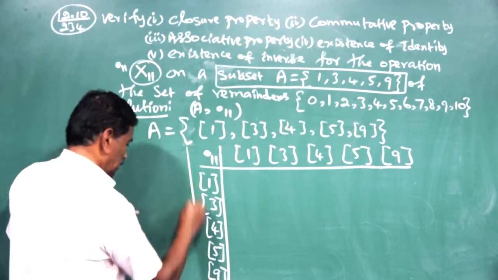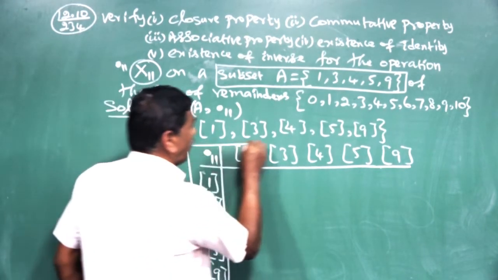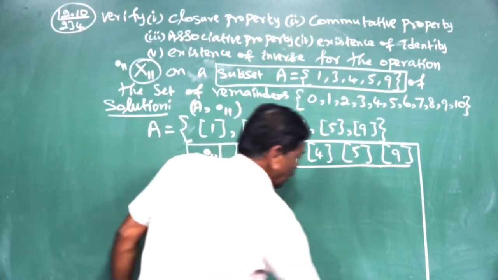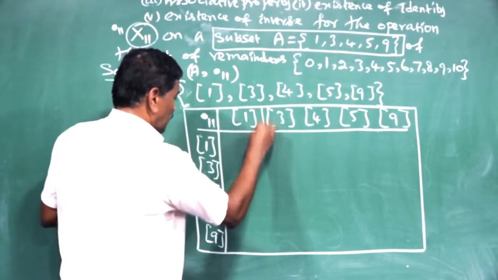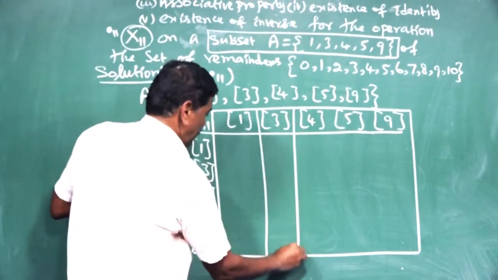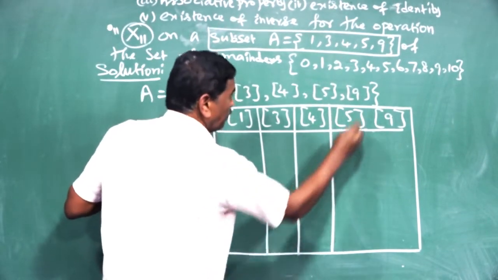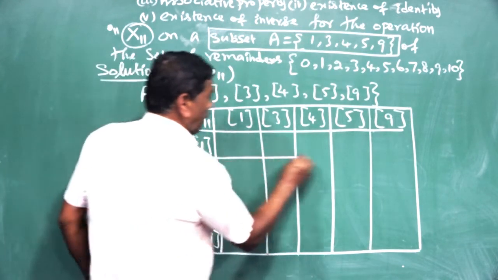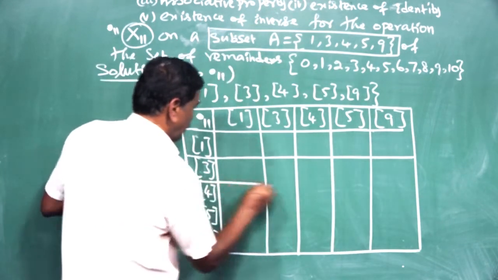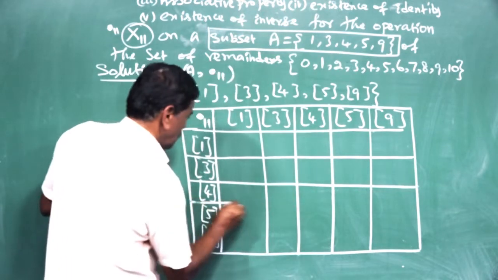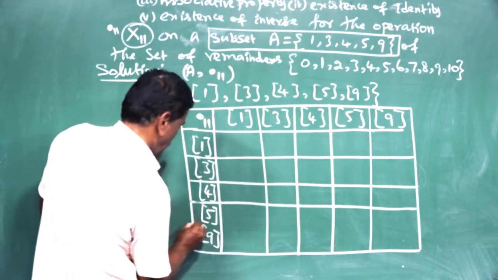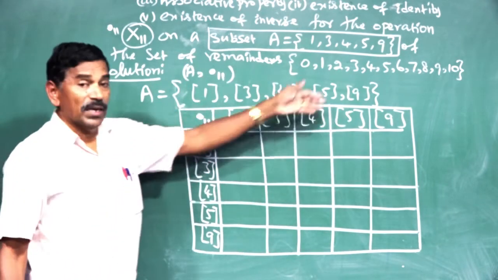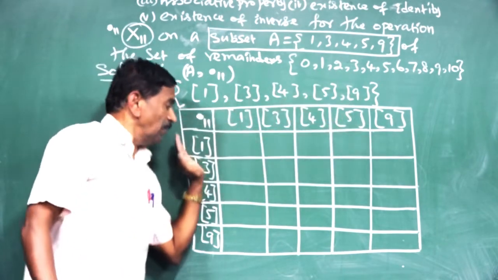Now complete the table, first column wise, then row wise. Table ready. As usual, the first row stays as it is and the first column stays as it is.